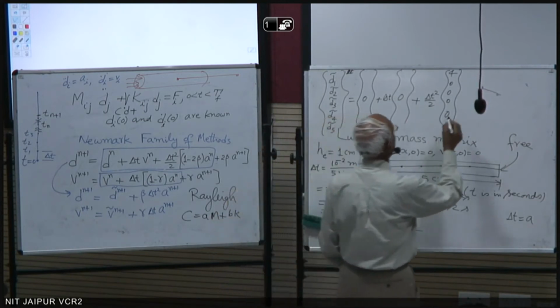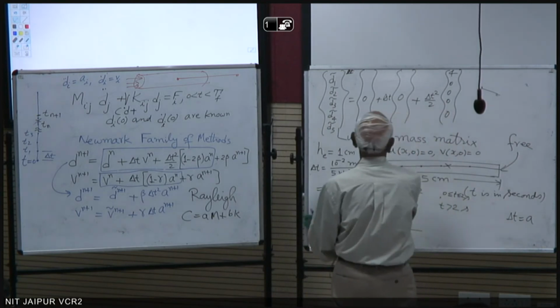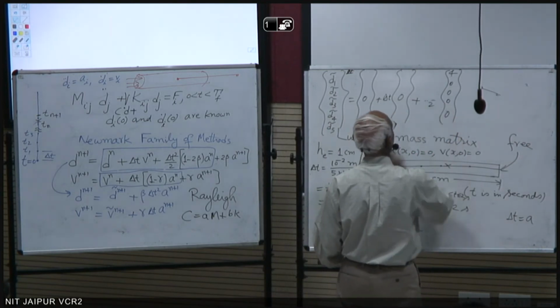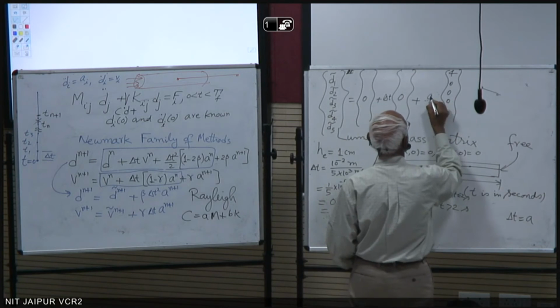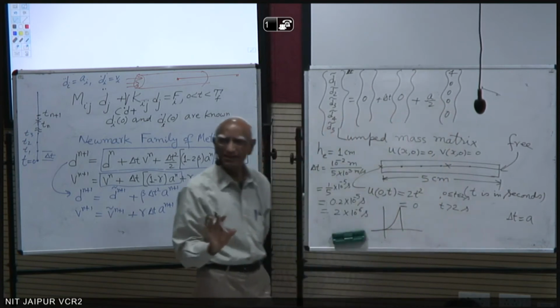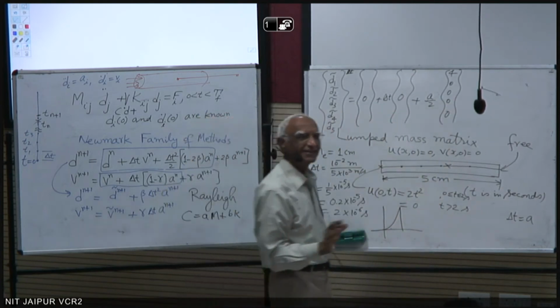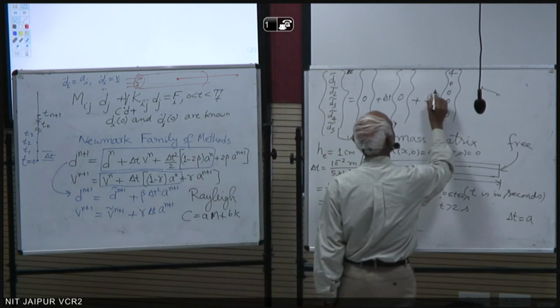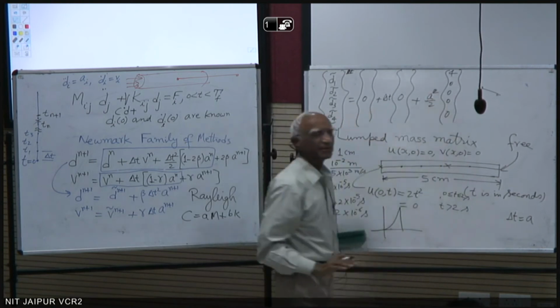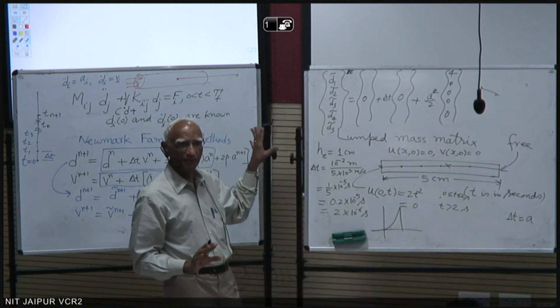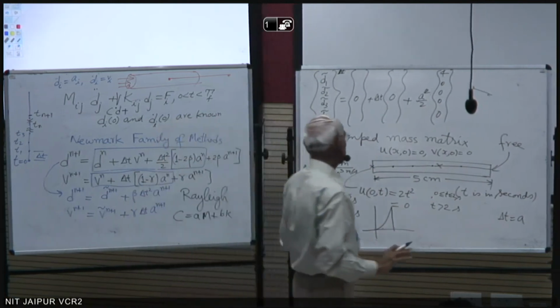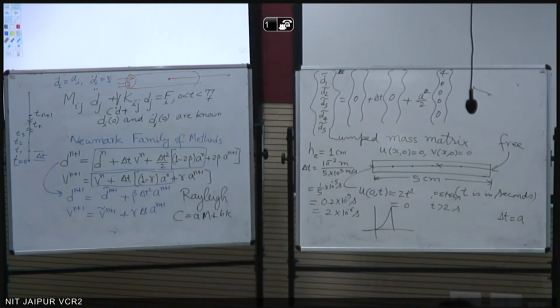So you will get a square here. So that's Dn plus 1. So this term here is 2a square.